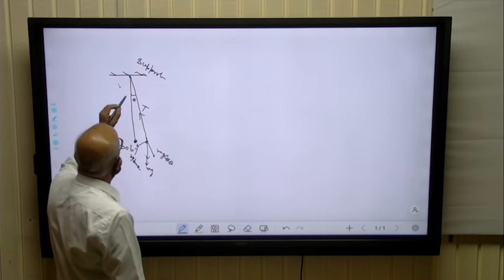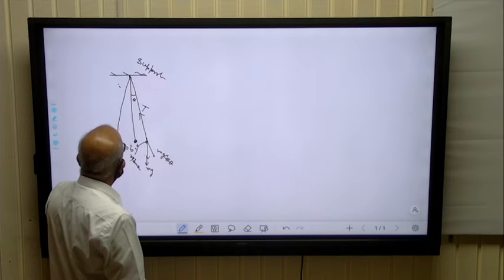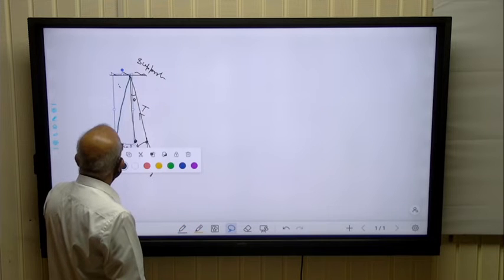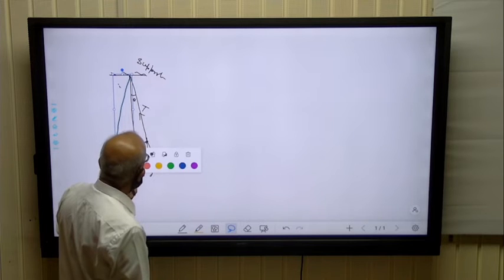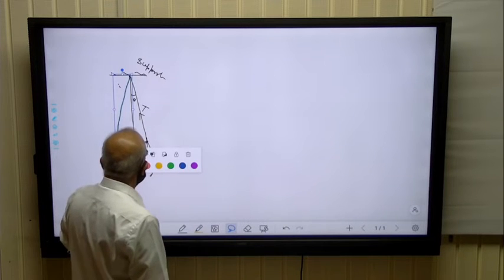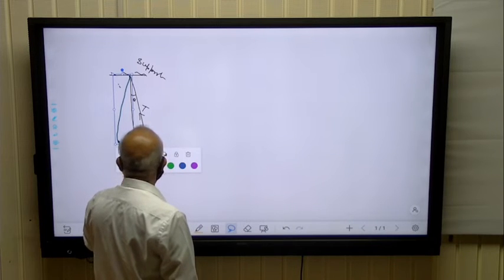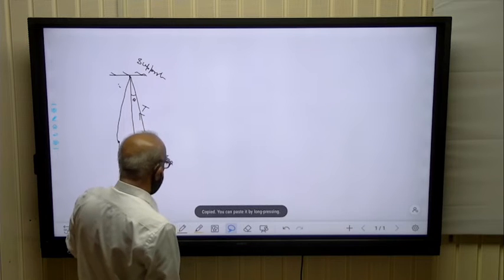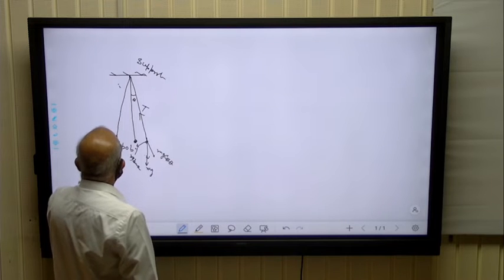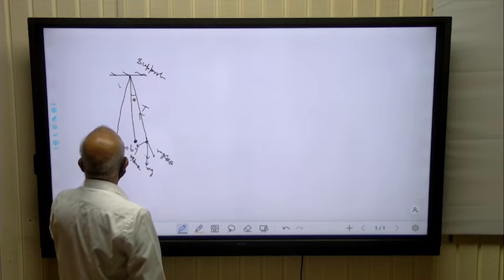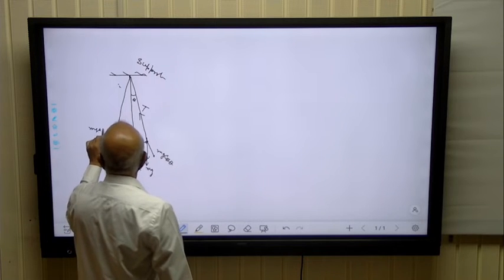As it goes forward in the opposite direction, again this is mg, this is mg cos theta, and this is mg sin theta.